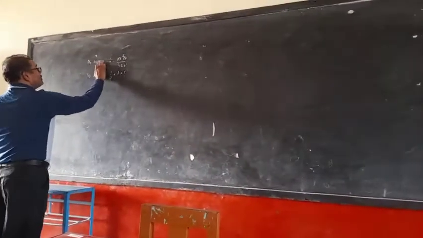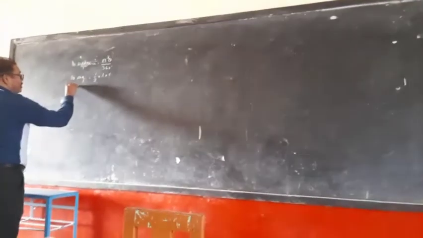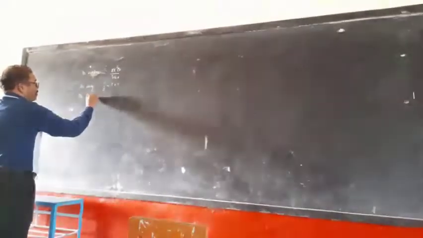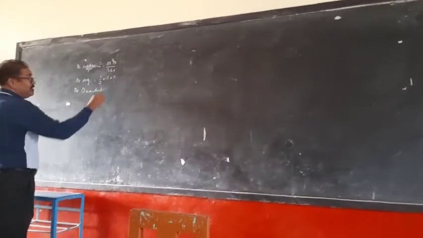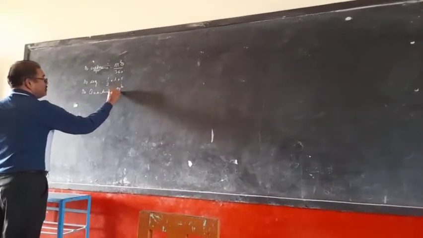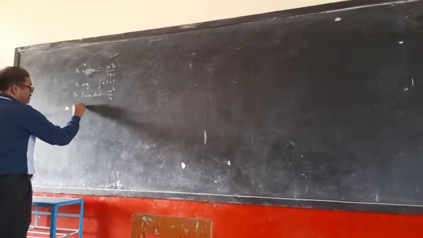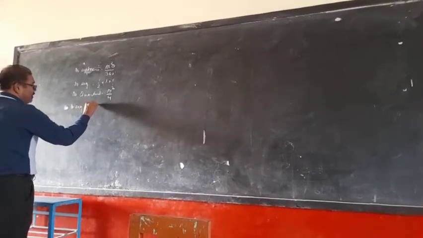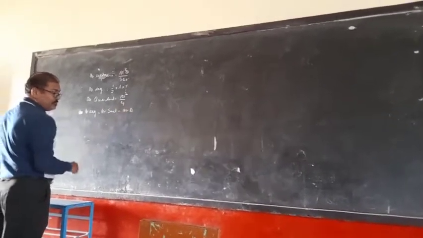Area of sector, and area of quadrant, where the sector angle is 90 degree, is equal to pi r square upon 4. And area of segment is equal to area of sector minus area of triangle.